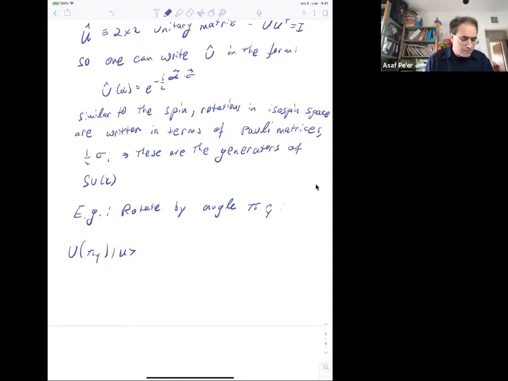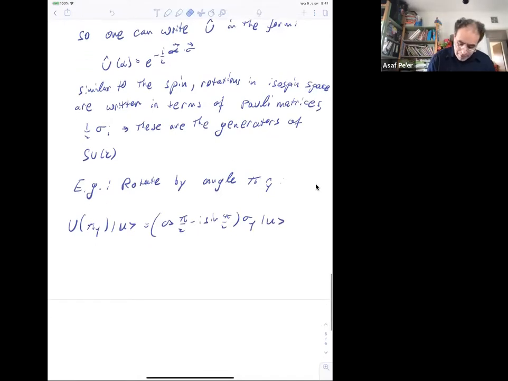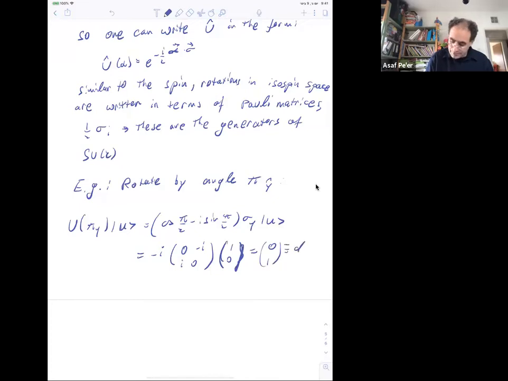That just means cosine of pi over 2 minus i sine of pi over 2 times sigma_y, times u. I write it down as just minus i, right? Sigma_y is (0, -i; i, 0), and u is (1, 0). So this gives me (0, 1), which is, of course, the down state.